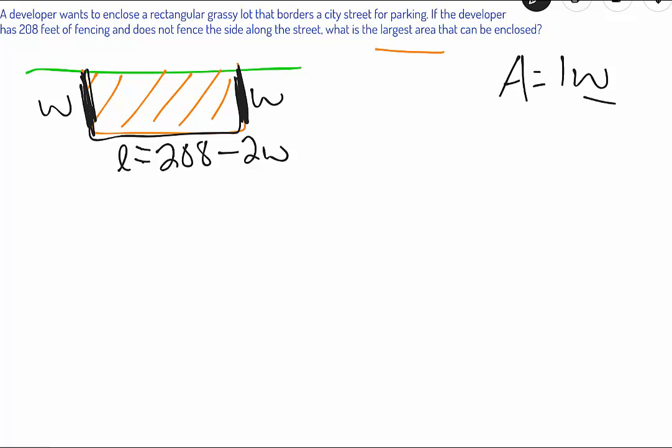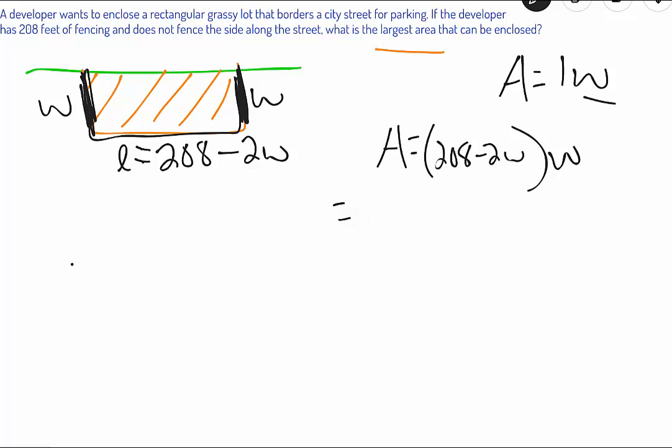And that's actually enough for us to plug into our formula here. So, area is equal to our length, which is 208 minus 2W, times our width, which we just said was W. Multiply this out.